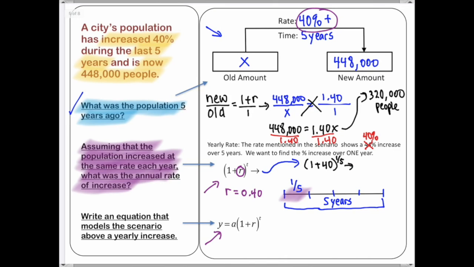That's 1 plus 0.40 raised to the 1/5 power, because we want to know what 1 year is out of the 5.